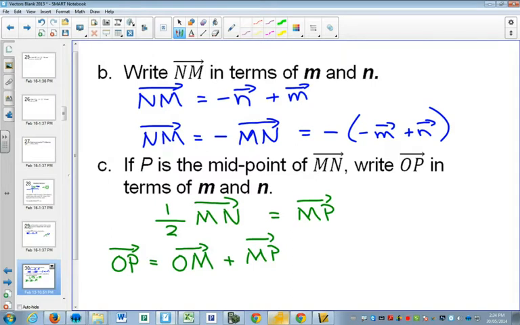So now let's see, can we write out all the information that we have just using M's and N's?